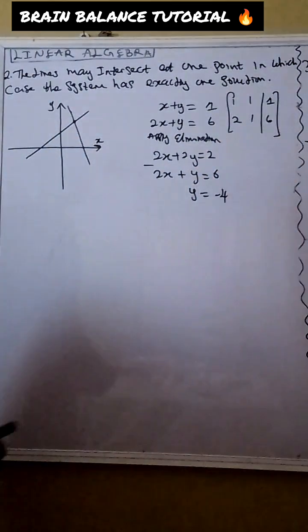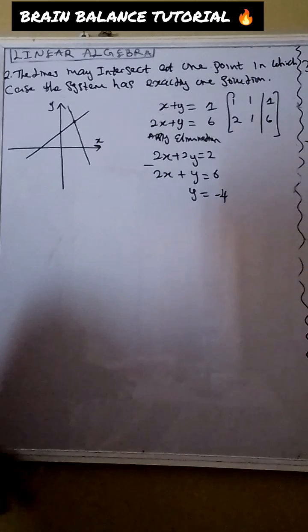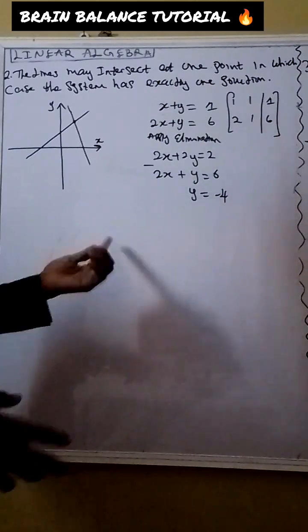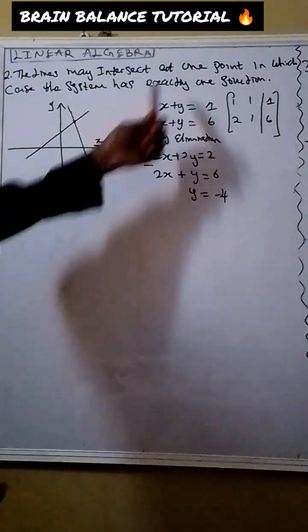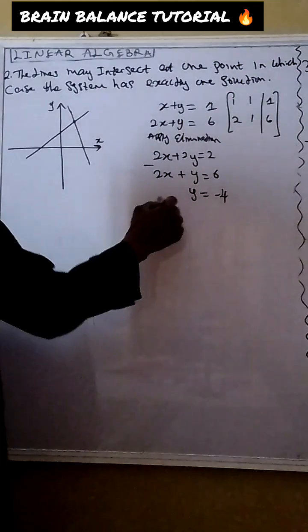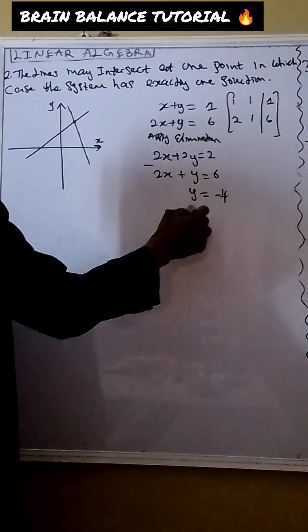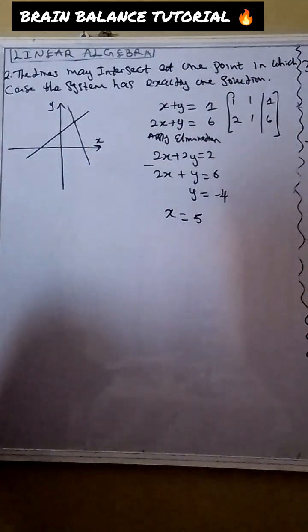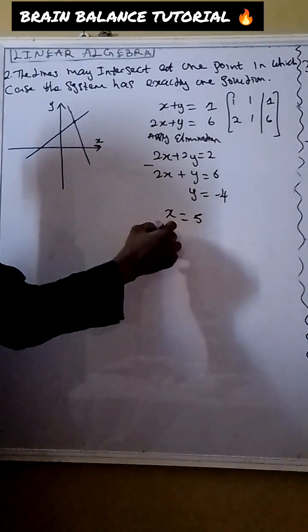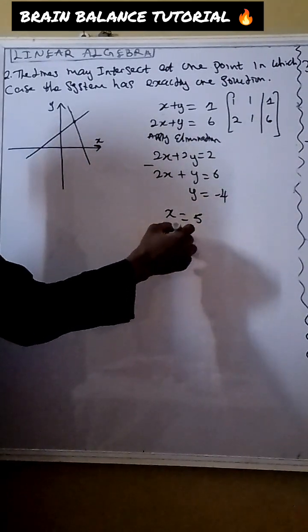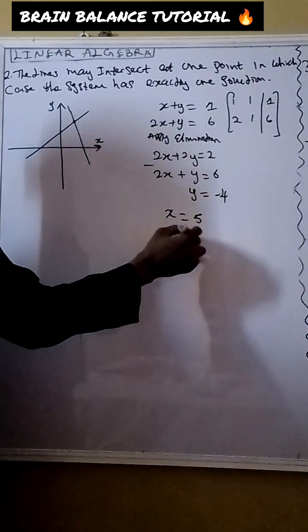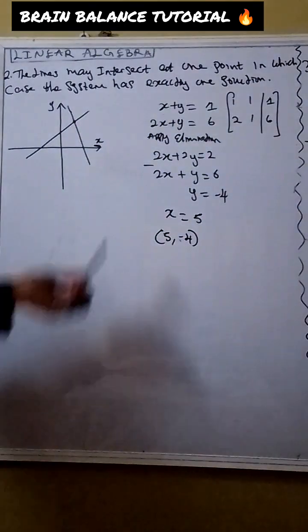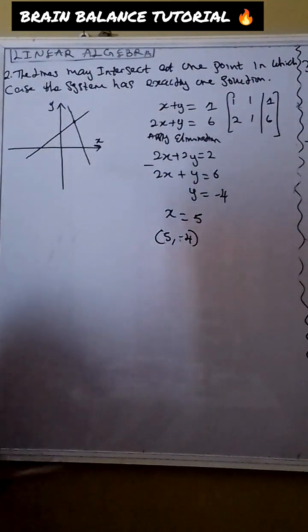Since y is equal to negative 4, we substitute y into equation 2. Then from there x would be equal to 5. So x equals 5 while y equals minus 4. At this point we call it a normal single solution.